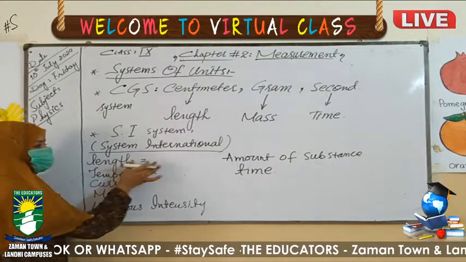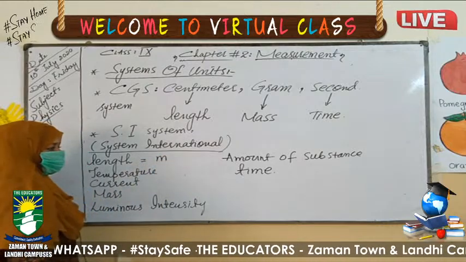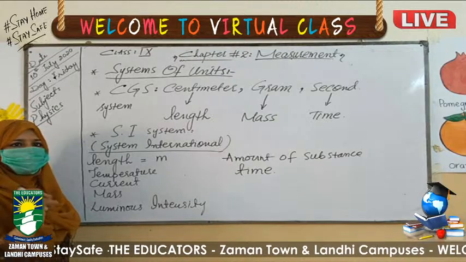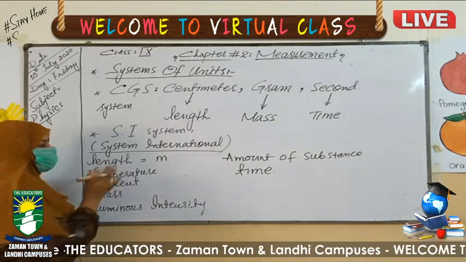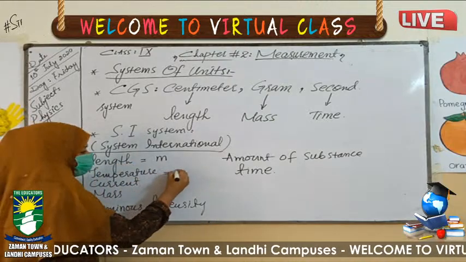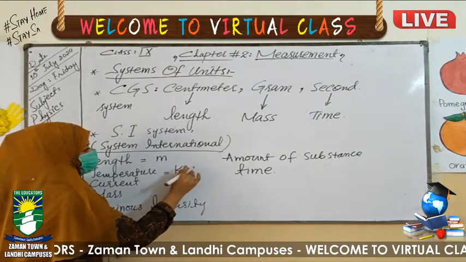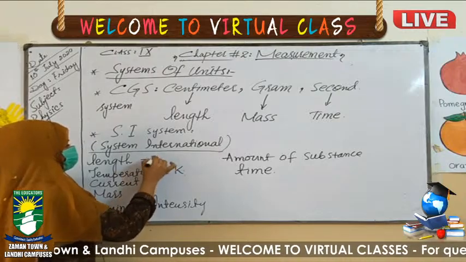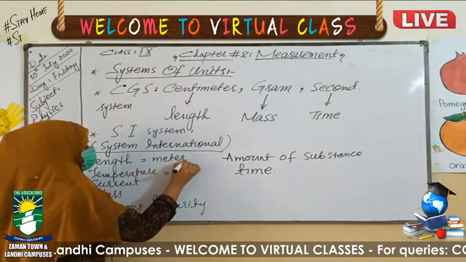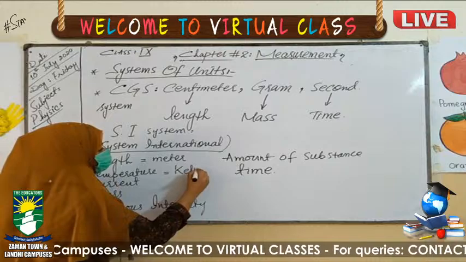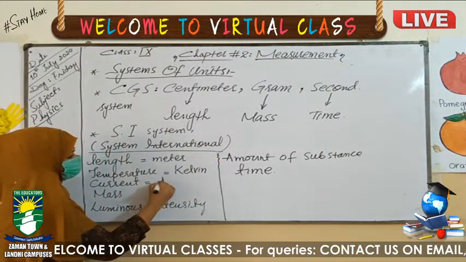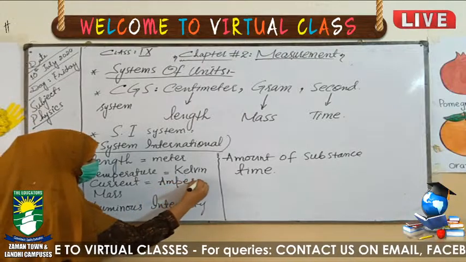For length, we have the unit meter. These are the units which are used internationally, worldwide, to measure the length. Temperature is measured in the Kelvin. Current will be measured in the ampere.